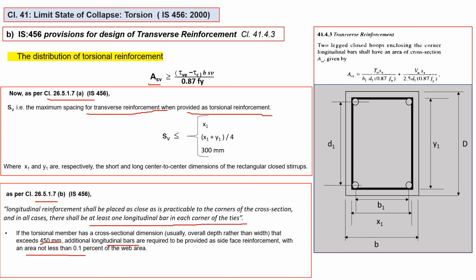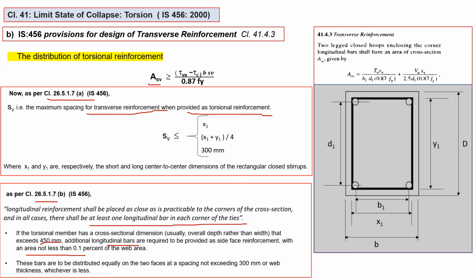So you have to keep in mind here that if the beam section is not subject to torsion, then for side face reinforcement, beam depth should be more than 750 mm. But if it is subjected to torsion, then if the beam width is greater than 450 mm, you need to provide the side face reinforcement.